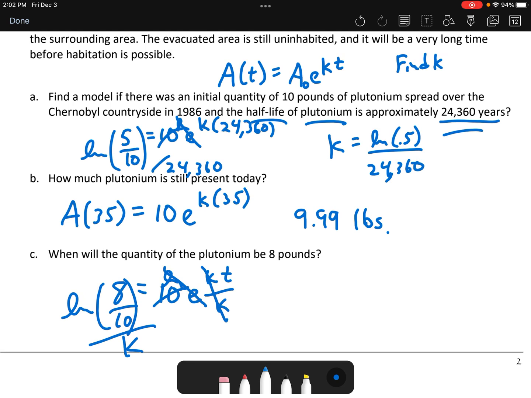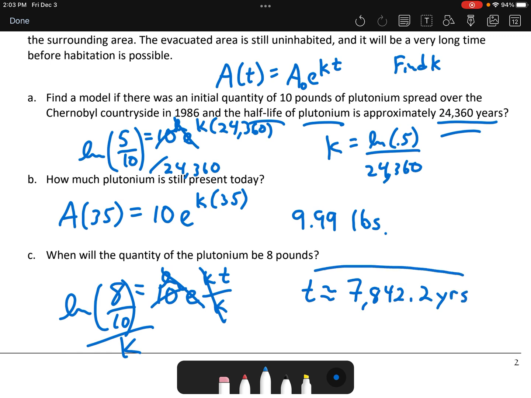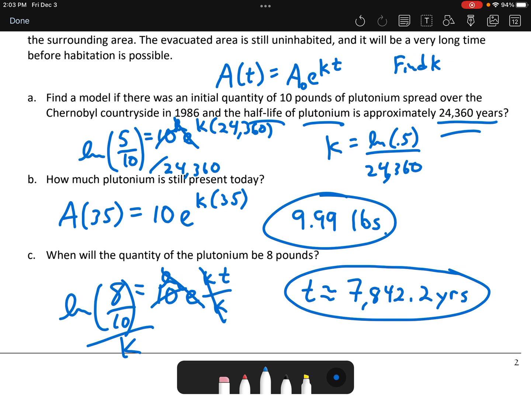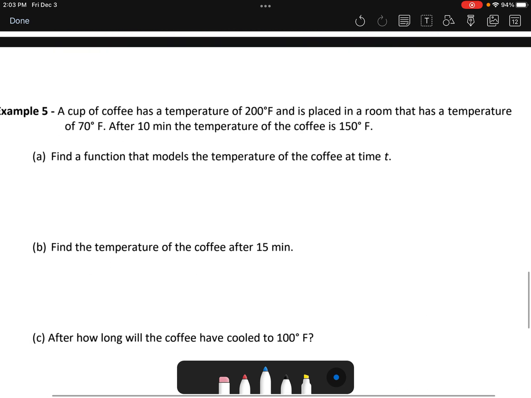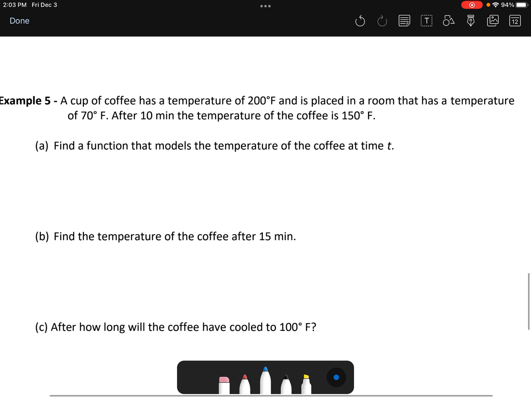That gets me T. So we're going to take the natural log of 8/10 divided by alpha K, and it's going to take 7,842.2 years before it gets down to 8 pounds. So the key in all of these, guys, is to find K. Find K.